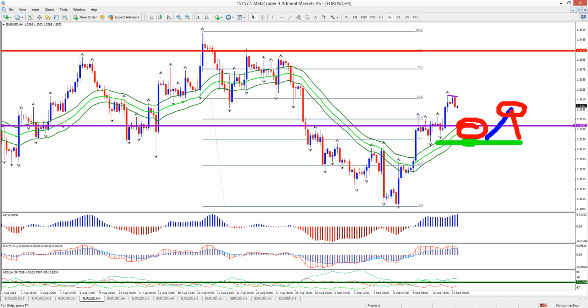And then the break through the 4-hour band would be the double confirmation or the medium-term confirmation. The break of the 1-hour band is really not as significant for us, because it's just a 1-hour chart. The 4-hour band is very important as well for more longer-term continuation of that down move, just like here.